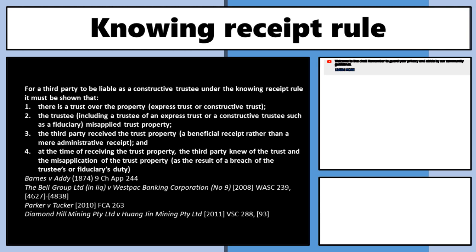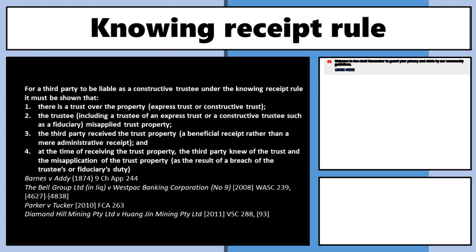In other words, they have to have substantially had transferred to them beneficial ownership of that particular property. So just an administrative one, changing the name on it, but not changing the way the trust actually worked, you don't need to use the knowing receipt rule. If they've changed the name to make themselves trustees, they're just trustees under an express trust anyway. Does that make sense? If you've changed the name, there's some administrative function in regards to that.